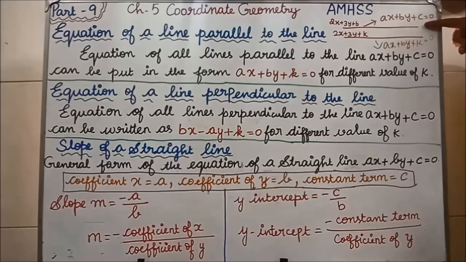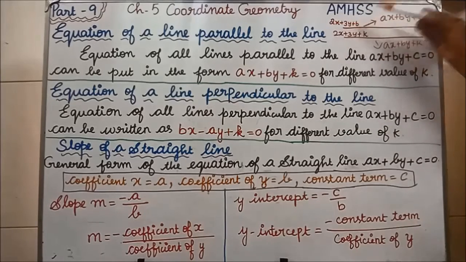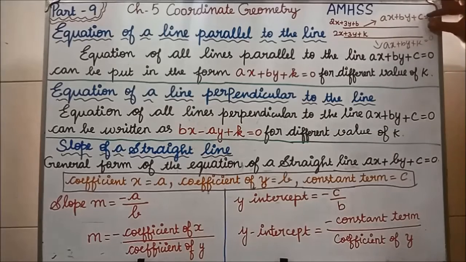So for this straight line equation, if you are drawing any parallel line, the first two terms will be same. Clear? Only the constant term will differ. Here constant c, here k. So for example I have written 2x plus 3y plus 6. This is the equation of a straight line. Then the parallel line, the first two terms will be same.